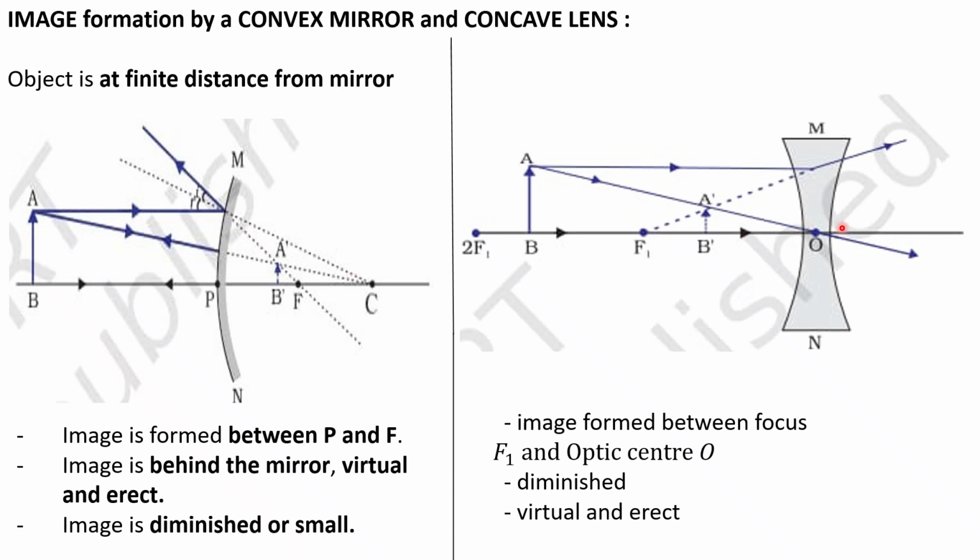Here the image is formed in between the optic center and the focus. So in both the cases, it's a virtual and erect image. Here the virtual image is formed behind the mirror. In the concave lens, the virtual image is formed in front of the lens. The image formed is a diminished or small image in both the cases.